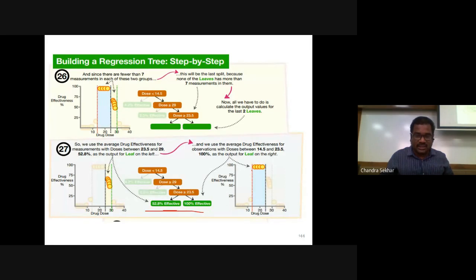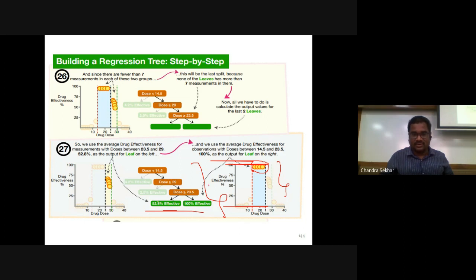100% effective. For this case, greater than 23.6, somewhere here, for all these points, effectiveness is equal to 100. So finally, this table and this decision tree must be in sync. This plot and this decision tree must be in sync.